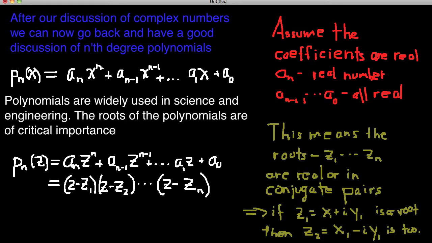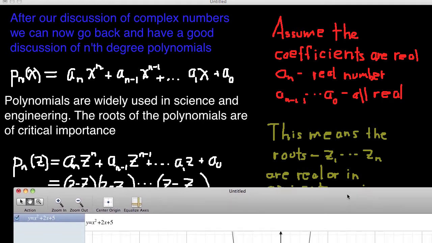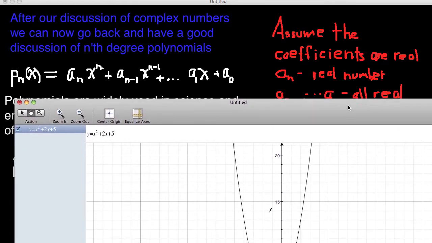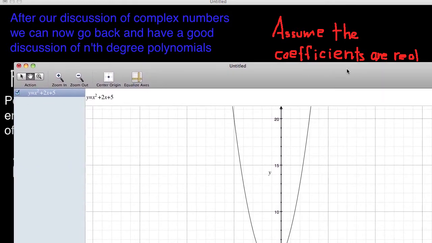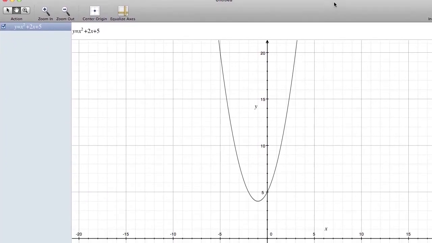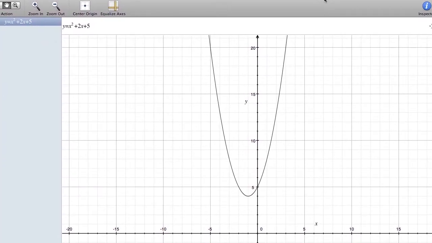Indeed, in the previous video, we were looking at a polynomial that was x squared plus 2x plus 5, and found that it had no real roots, but it had complex roots. Here, for example, is a plot of that polynomial, x squared plus 2x plus 5. We plot that polynomial, and the root of the polynomial is where the value of y is equal to 0.